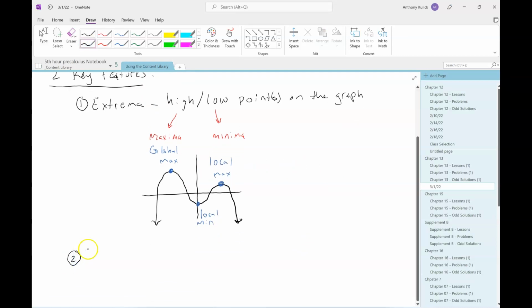The other type of key feature is the intercepts. The intercepts are points where the graph crosses the x or y axes.